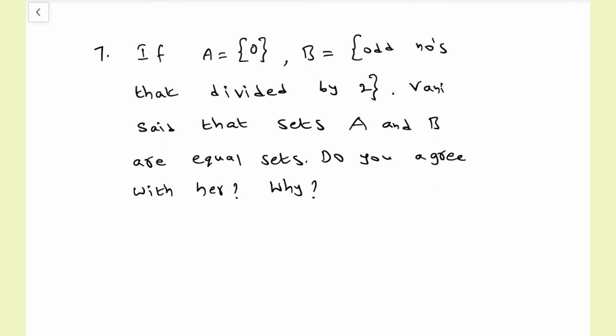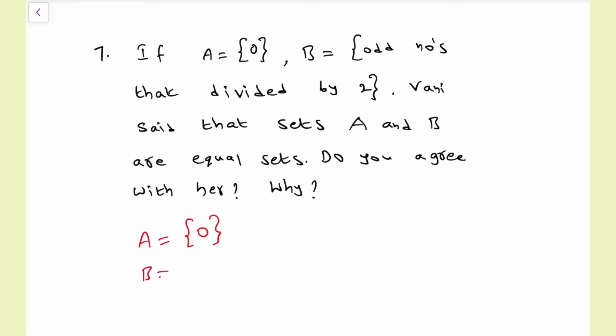Question number 7. If set A equals 0 and set B equals odd numbers that are divisible by 2, Vani said that sets A and B are equal sets. Do you agree with her and why? Set A is given as 0.